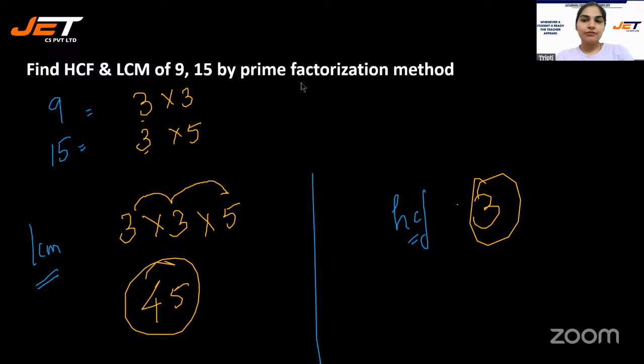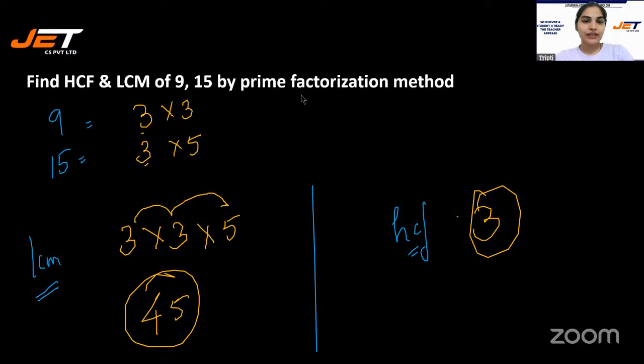And HCF of 9 and 15 is 3. So that's how you are supposed to find the LCM and HCF, least common multiple and highest common factor. I hope it's clear to you.